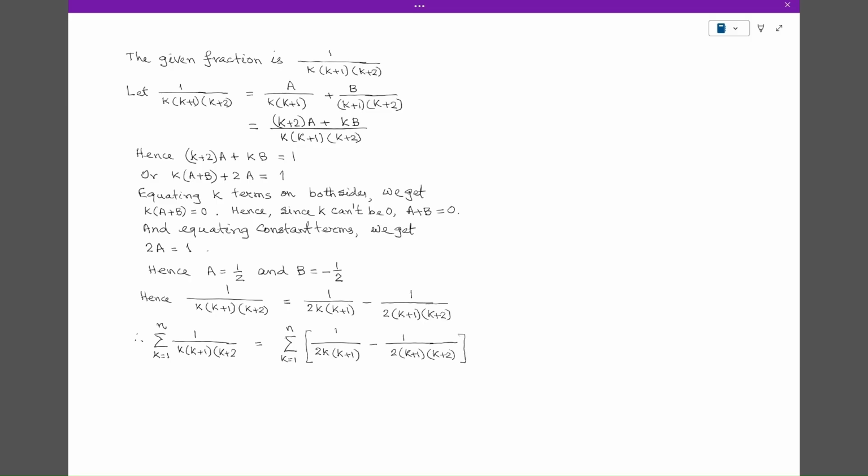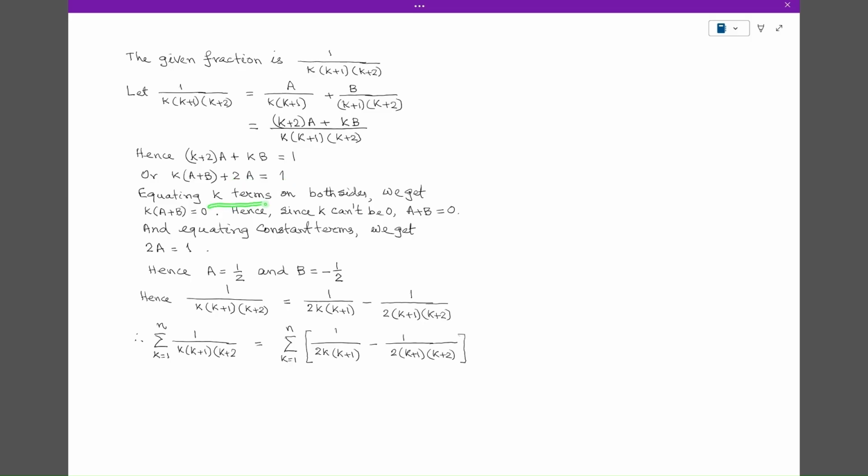Hence, since the two denominators are the same and k is not 0, we can cancel them out. Therefore, we get k plus 2 multiplied by a plus kb, which is on the right hand side, is equal to 1, which is on the left hand side. If you collect the k terms together, we get k multiplied by a plus b plus 2a is equal to 1.